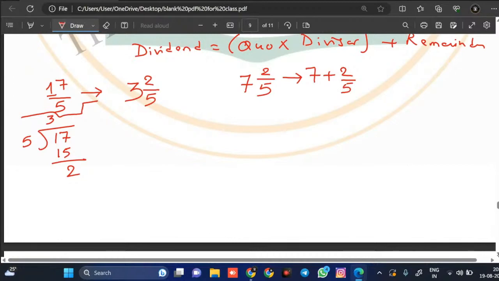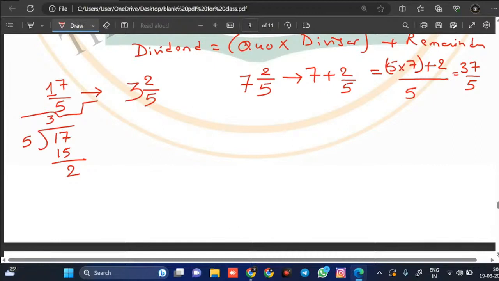So if I want to convert this, I write 5 sevens are 35, plus 2, divided by the denominator 5. 35 plus 2 is 37. So the answer is 37 divided by 5. This is how I convert a mixed fraction into a proper fraction.